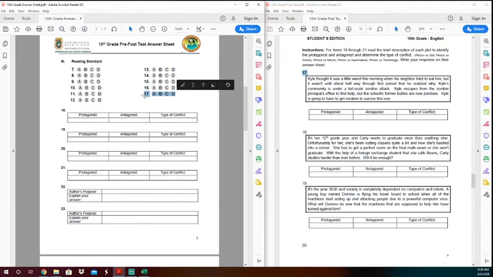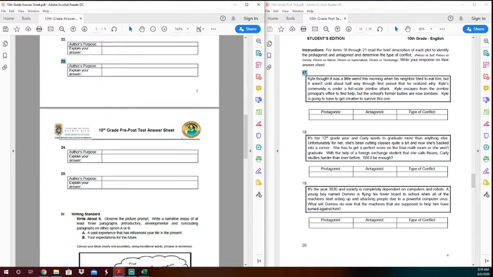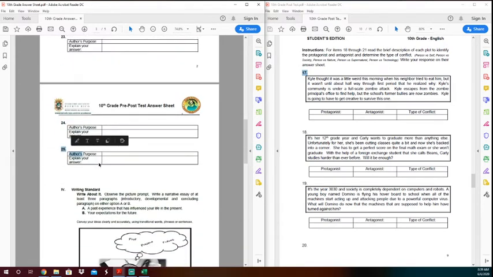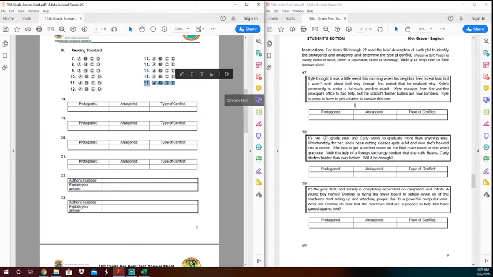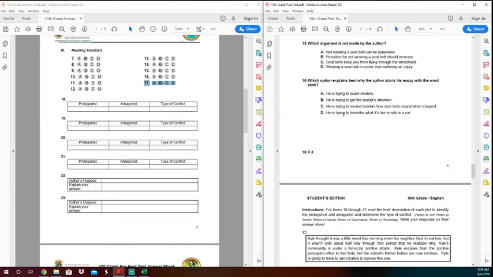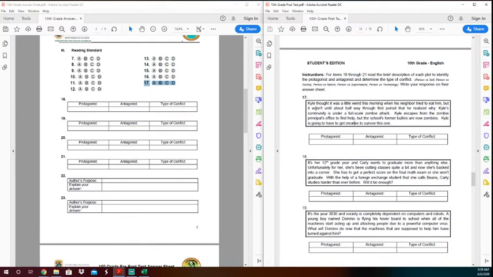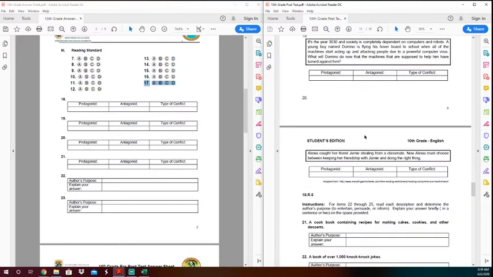Just cross it out and then change the numbers. This would be 17, 18, 19, 20, 21, 22, 23, 24, and so on and so forth, okay? Because for some reason they wrote question 17 here, but there is no question 17 as a multiple choice. It is this type of question.